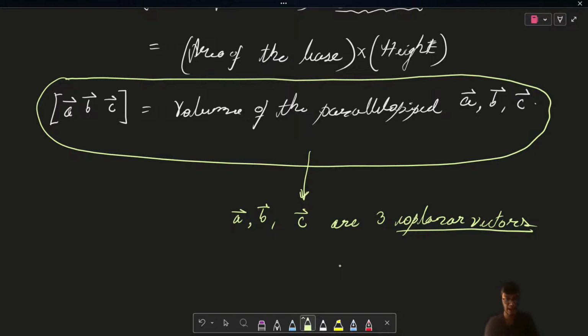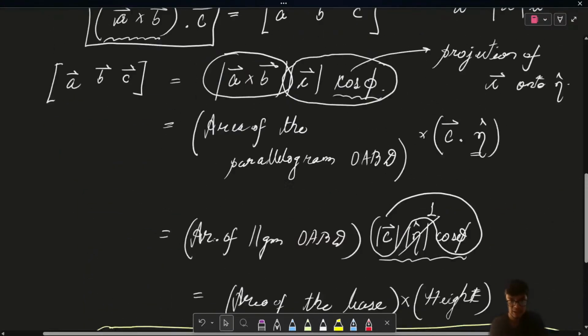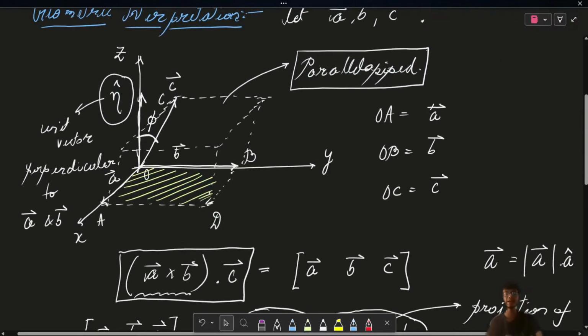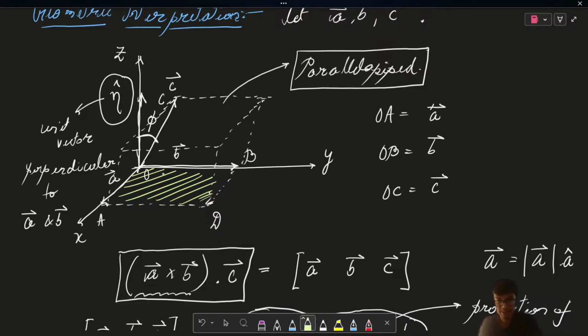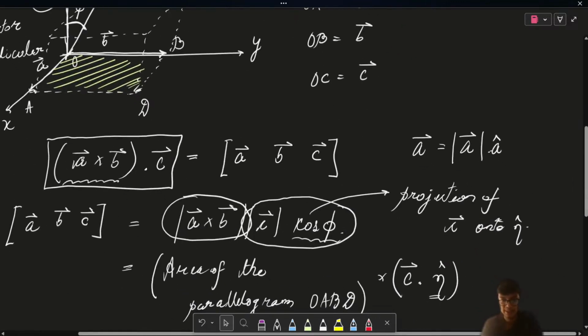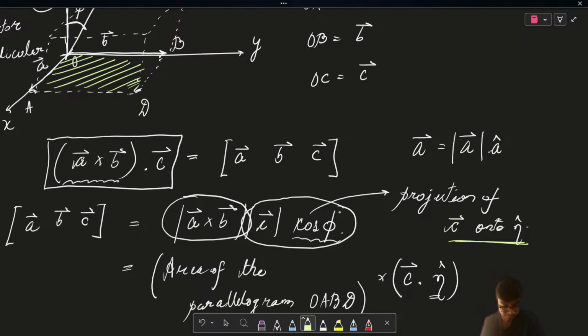If the C vector also lies in the same plane as A vector and B vector, then when we project the C vector onto this n cap, I am going to get the result to be 0. The projection result is 0, right?